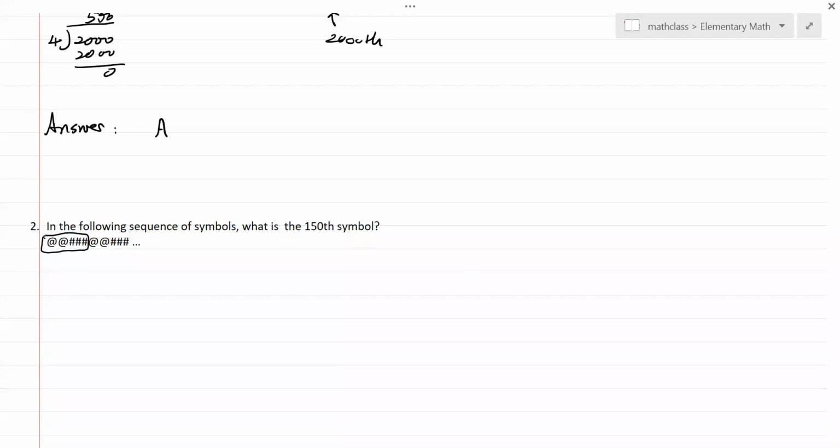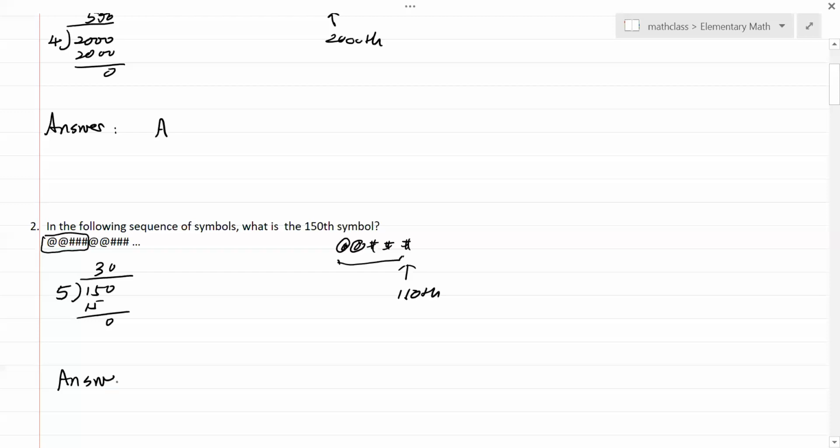So you divide 150 by 5, and it's going to be 30. 30 is the quotient. That means you get 30 complete blocks. So the last one will be this complete block, and that will be the 150th symbol. So the answer is, that's easy, right? The answer is this.